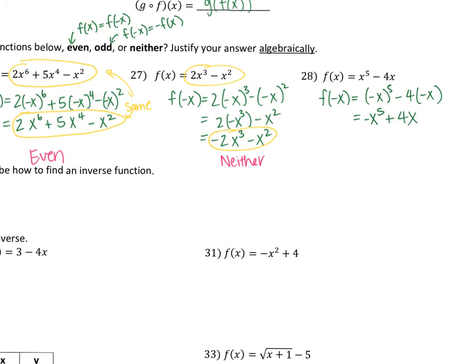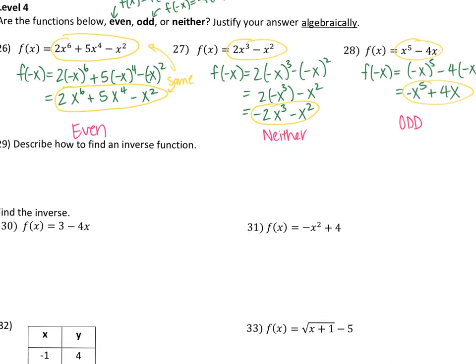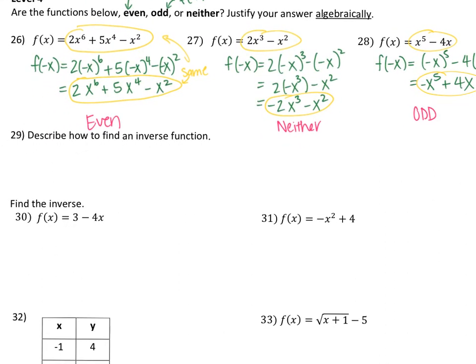So when I compare these two, I notice that the first sign is opposite and the second sign is opposite, but all the terms are identical. So in this case, since the signs are opposite, this is going to be an odd case. And that's it. So you get to see 3 versions. Hopefully that helps you better understand which is which version.